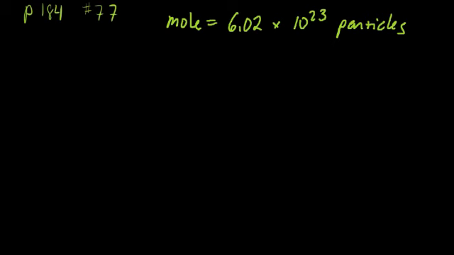This is a very, very large number, an extremely large number. This is 602 sextillion particles, 6 followed by 23 zeros. That is a very large number.